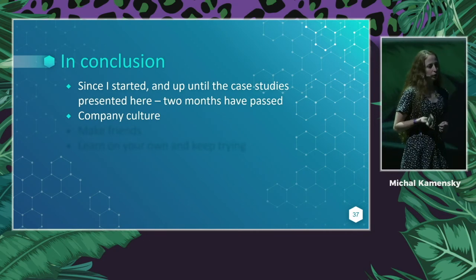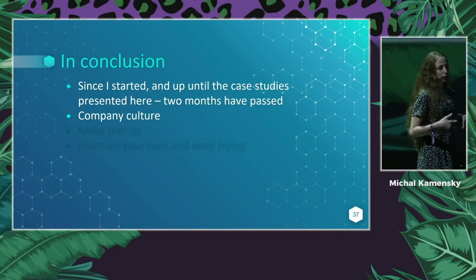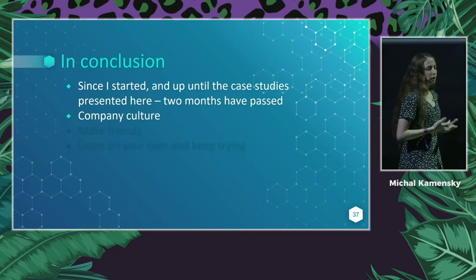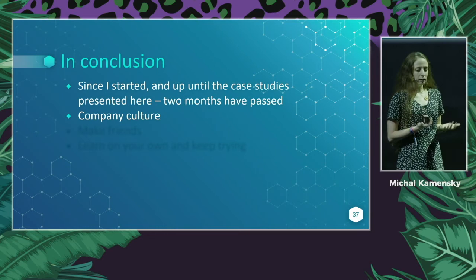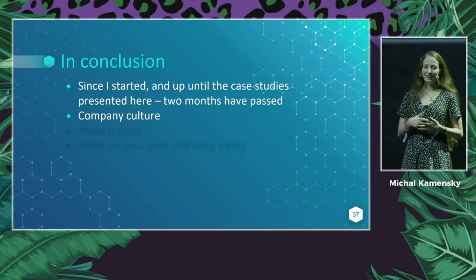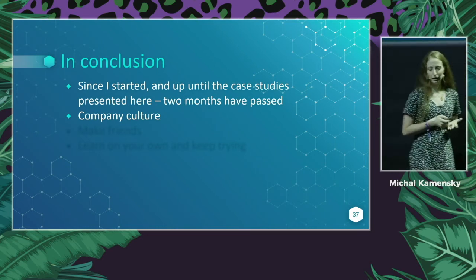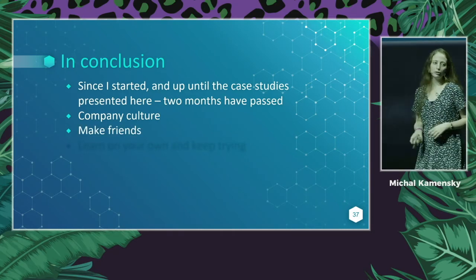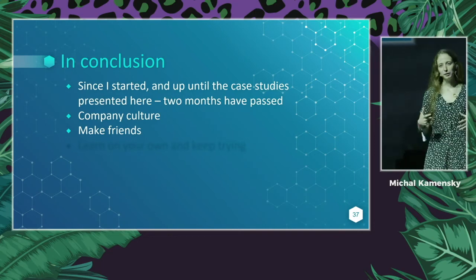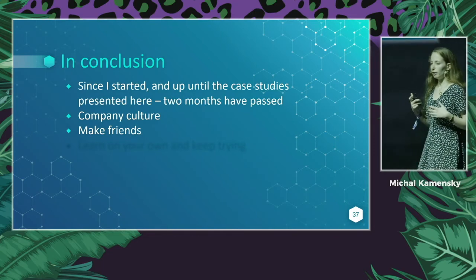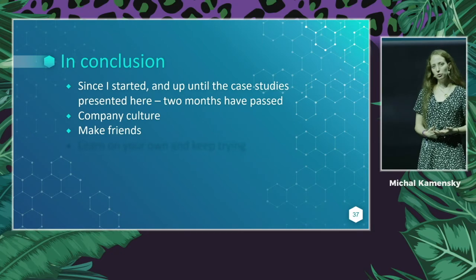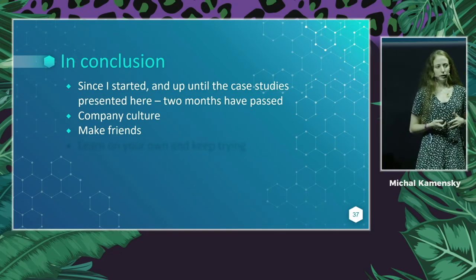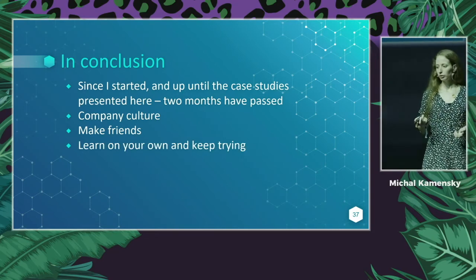Also, the company culture is really important to make the juniors feel that they can contribute, that they will be heard, that they can just speak their mind, and that they won't be dismissed. Also, it's important to make friends that are at the same stage as you are, that maybe were at the same stage that you are just a year or two ago, to not take this journey alone.